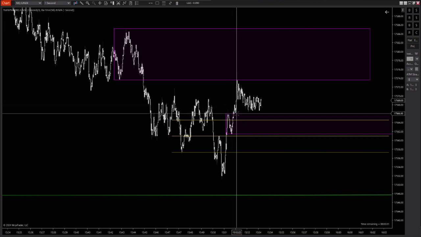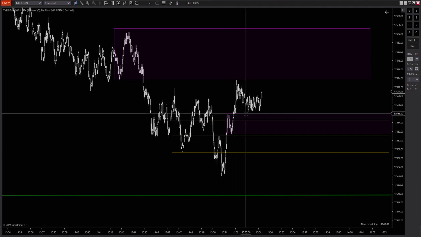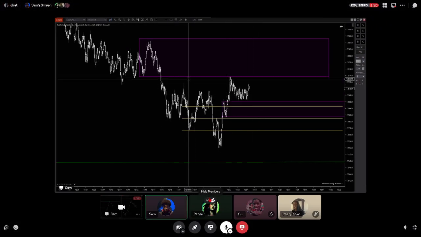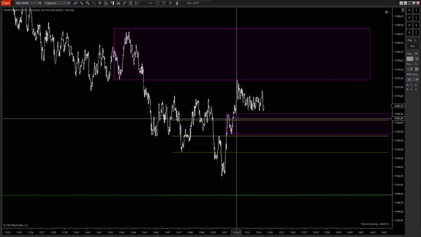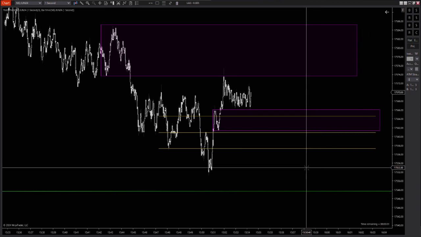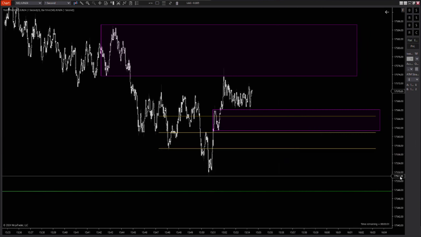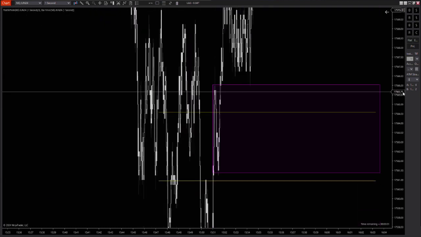That's a hidden S&D on a higher time frame right here. They usually get liquidated. Plus there's a zone at the top of the range. Don't get involved in that. Did we take that out? Yeah, and we just touched it.